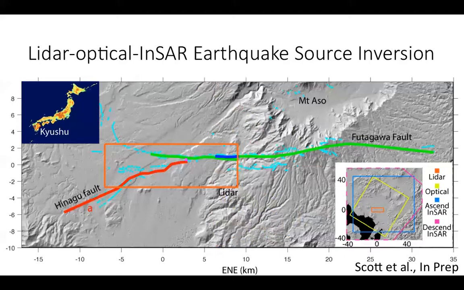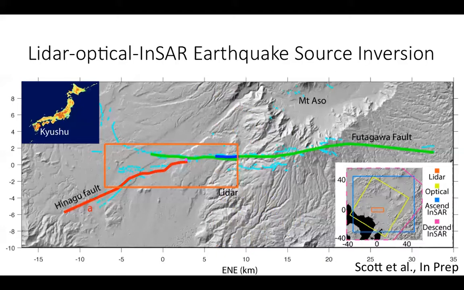One of the biggest challenges of developing this slip model was figuring out how to make a fault geometry that was both consistent with the geometry that we see in the Lidar data, but was simple enough for the inversion to remain computationally feasible.